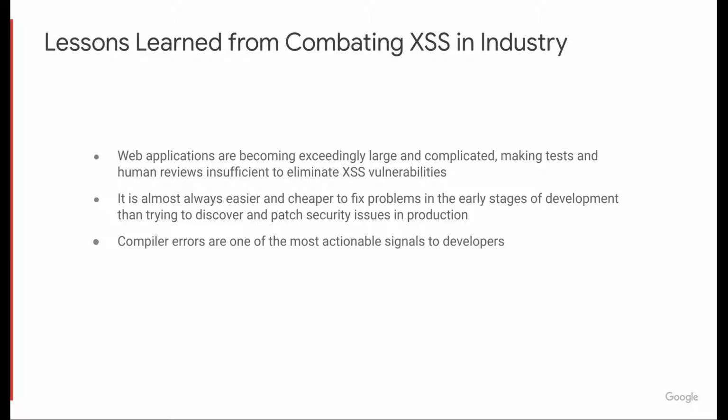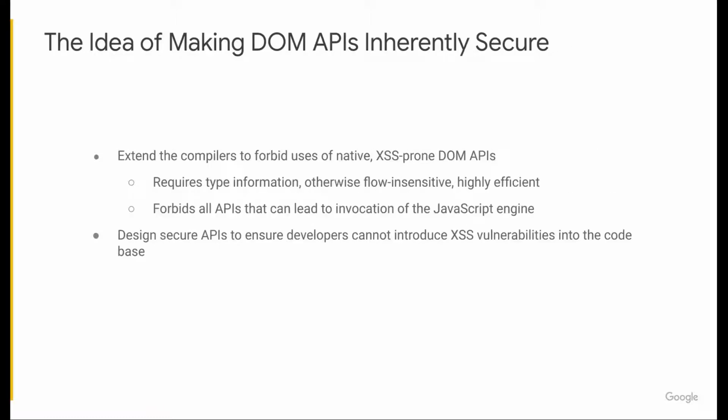Second, countless examples have shown that it's almost always easier and cheaper to fix security problems early, before the software gets shipped into production. And we notice that compiler errors are usually more actionable for developers compared with other signals. So that's how we developed this idea of making DOM APIs inherently secure, so that developers can't write XSS-prone code in the first place. The basics are simple.